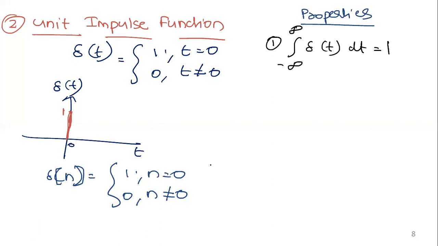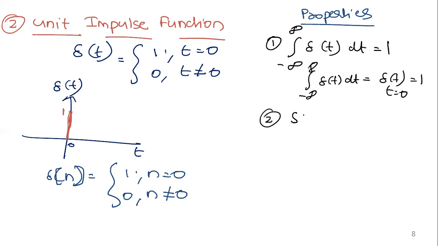Because delta of t is defined only at t equal to 0, so the integral is equal to delta of t at t equal to 0 only, which is equal to 1. That is the first formula. And the second one, very important, listen carefully: delta of n minus k.